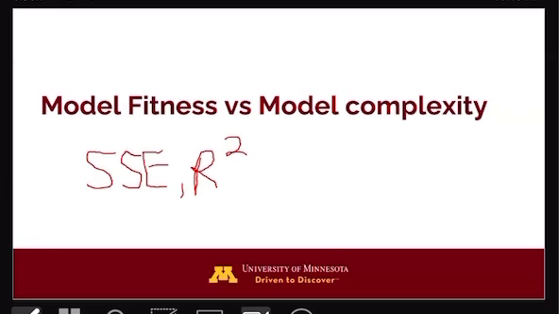The metrics of evaluation for prediction are, number one, mean square error, root mean square error, and mean absolute error. Those are the metrics of evaluation for prediction, with cross validation. Does that make sense?